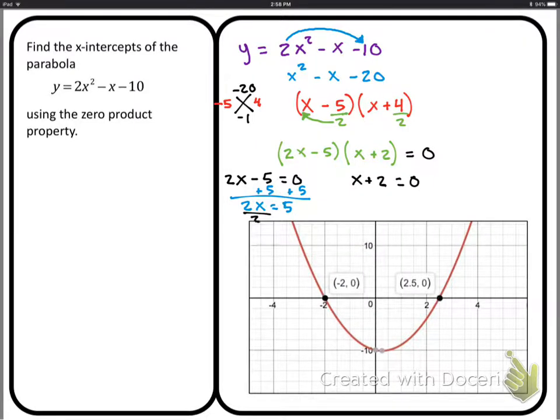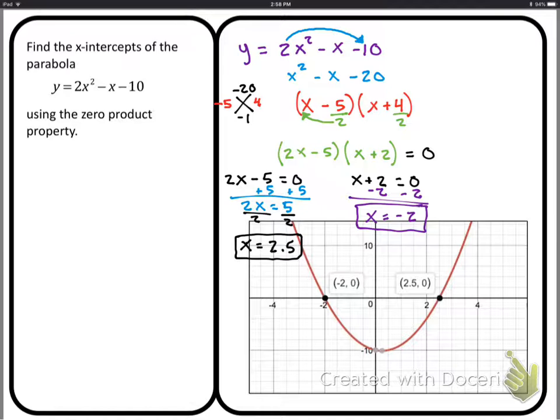Divide by 2, and we get that x equals 5 divided by 2. Use your calculator, you get 2.5. I'm going to box that up. On the right side, I had x plus 2 equals 0. Subtract 2, you get x equals negative 2.